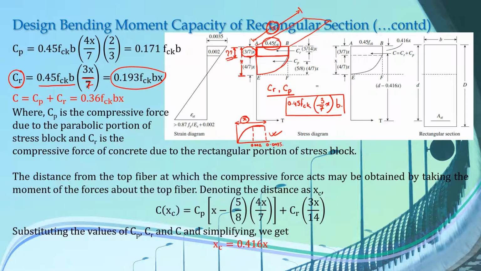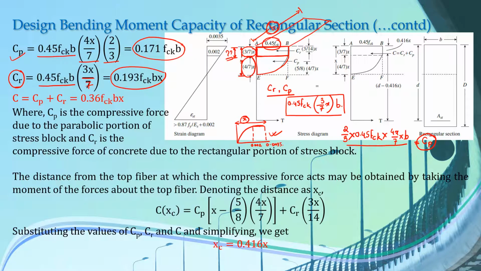Similarly, the area of this parabolic block is given by 2 by 3 into the same thing here, 0.45 fck into the width of this parabola, which is 4x by 7, into B. This represents the compressive force due to the parabolic block CP. The same thing we have written here, CP is 0.45 fck B into 4x by 7 into 2 by 3. The total volume becomes 0.171 fck B.